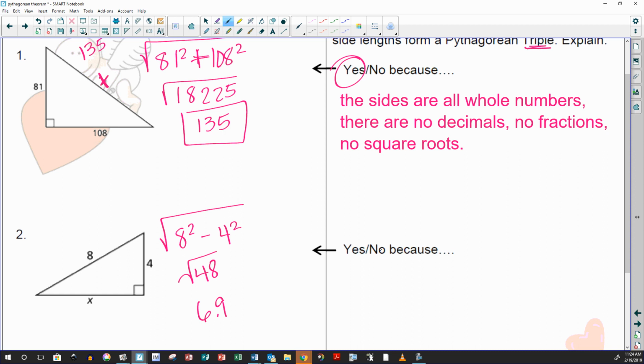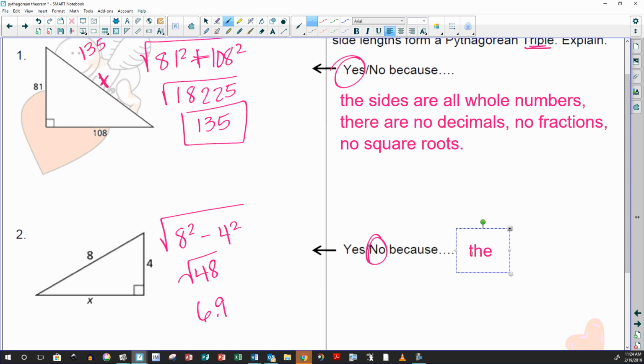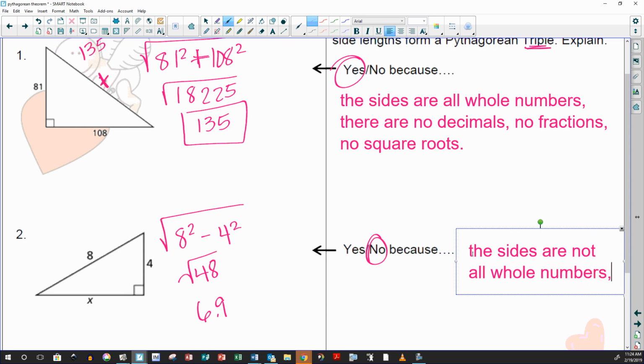This time, no, because the sides are not all whole numbers. The leg is a decimal.